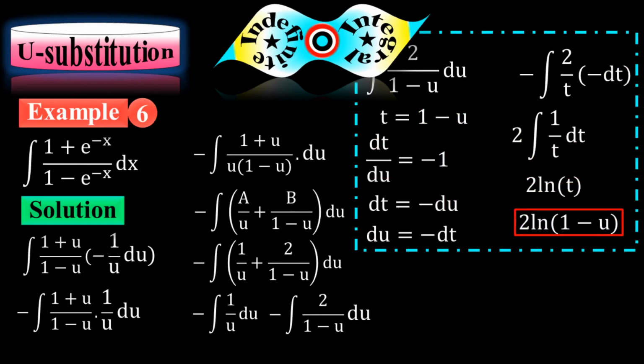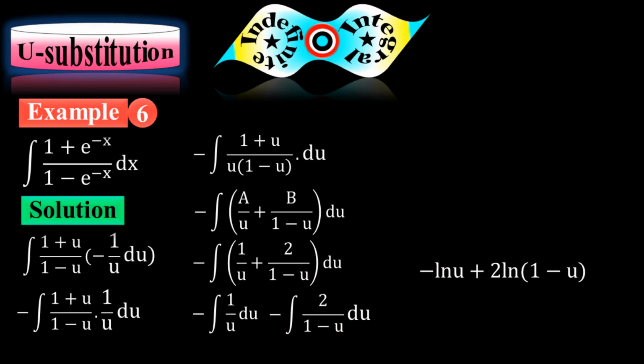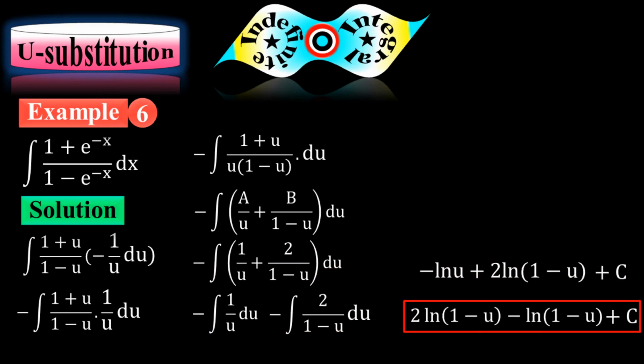And here is the final answer for the right term. We just calculated this for the integral of 2 over 1 minus u du, plus an arbitrary constant. So here is the final answer for the given function.